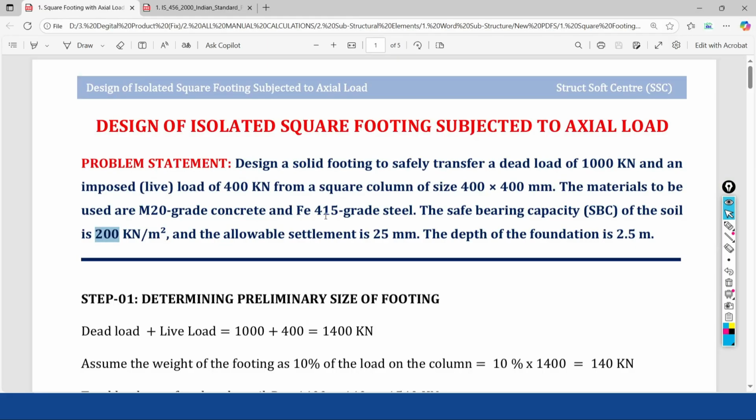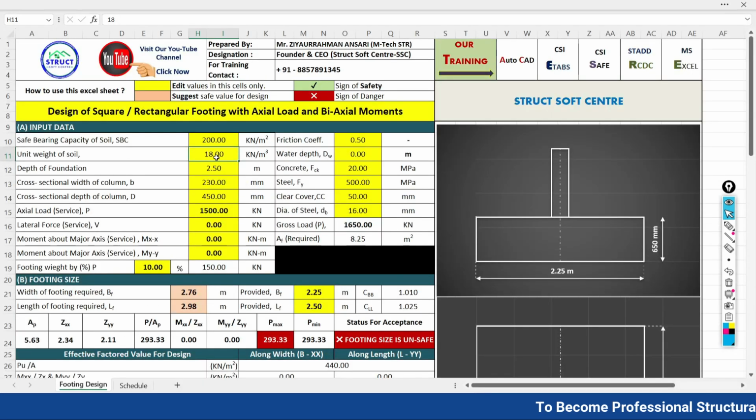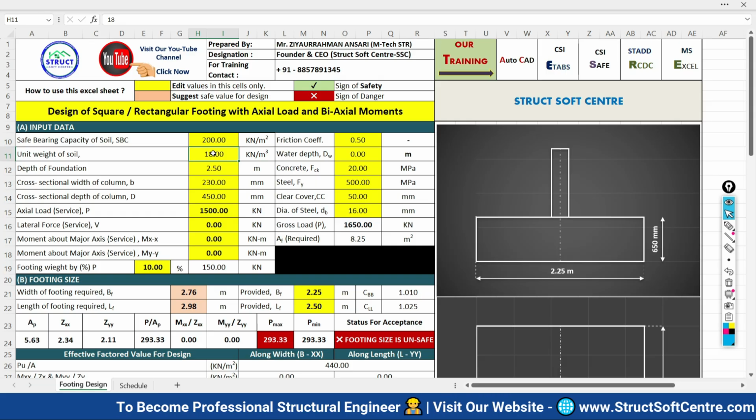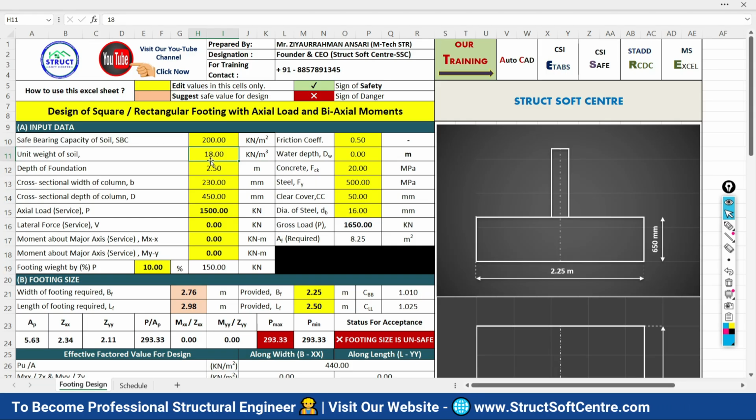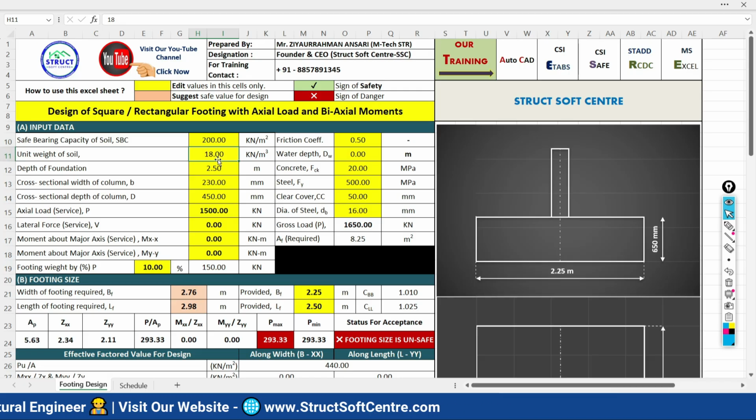The unit weight of the soil is not given in our problem statement, so we are going to consider it as 18. In most cases we consider the unit weight of the soil as 18. If it is given in your problem statement, then you have to use the given value. If it is not given, you can consider it as 18.